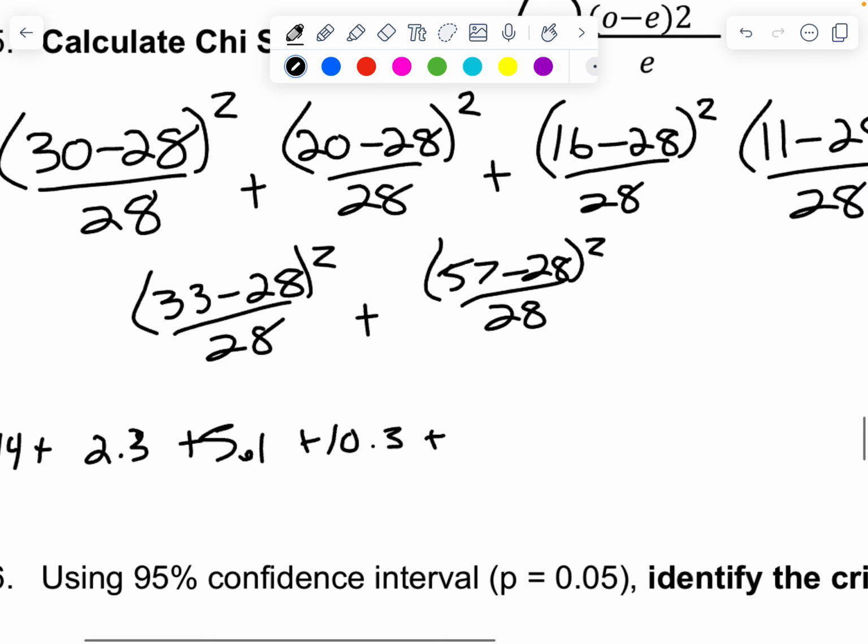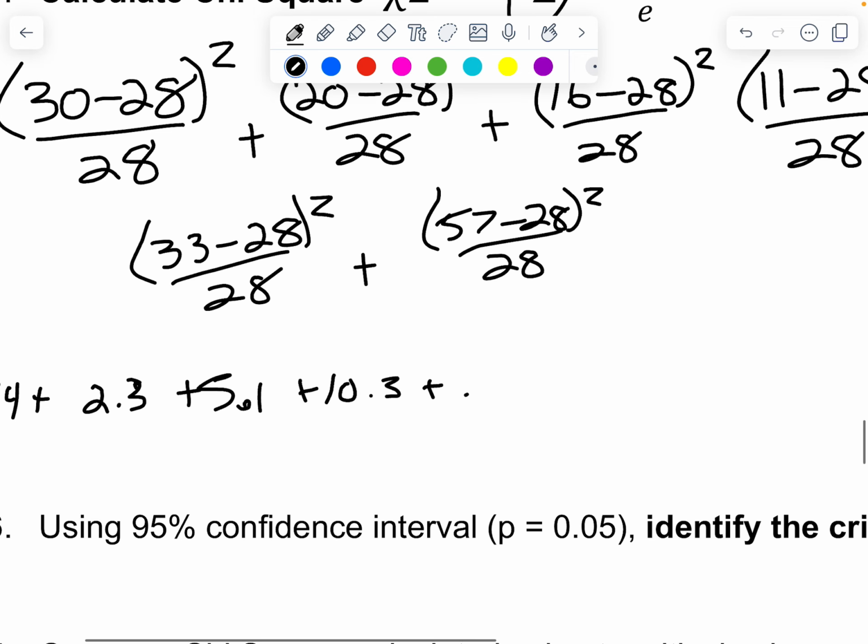Thirty-three minus 28 is 5. 5 squared is 25. Divided by 28, 0.9. 57 minus 28 is 29. 29 squared is 841. Divided by 28, 30.